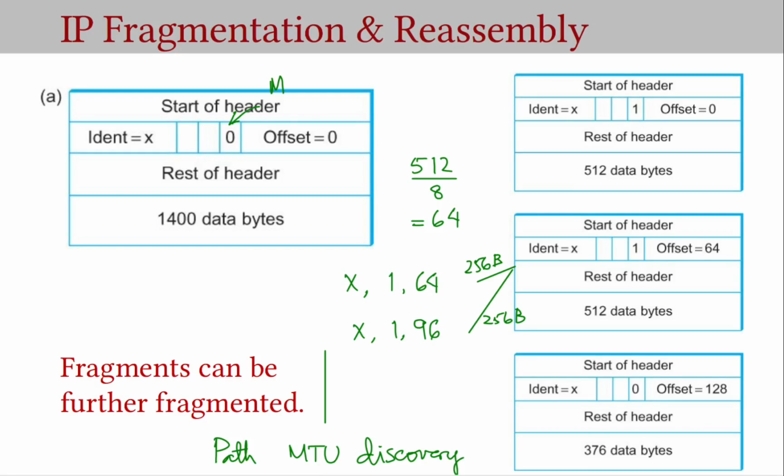There is another option also: the sender can set the no fragmentation bit, and in that case, if the datagram encounters a network where MTU is smaller than the datagram size, an ICMP error message is sent back to the sender.